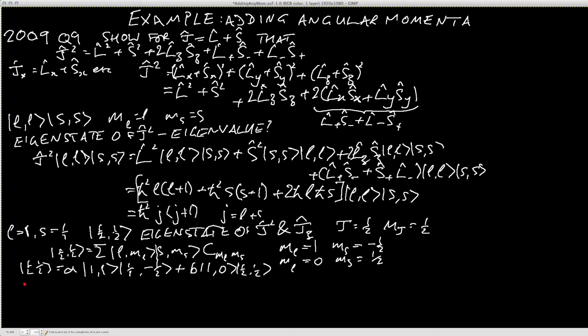The question then goes on to show, using the fact that J plus on a half a half is equal to 0, you need to use that to find out what A and B are.